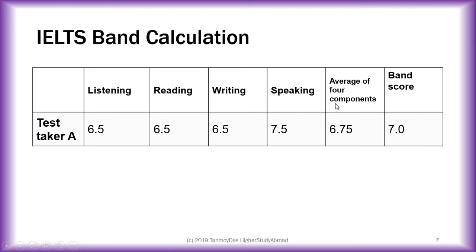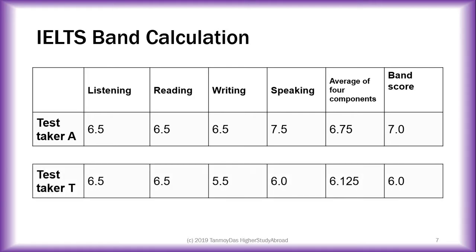That means his average is 6.75. Since it is 0.75, it will be converted to the next band, which means 7, because in IELTS we would get either 6, 6.5, 7, 7.5, something like that, not 6.25 or 6.75.